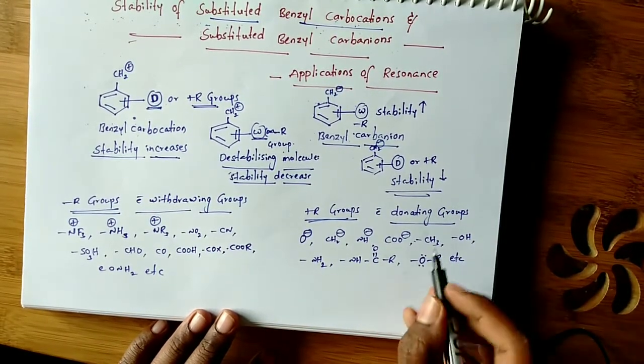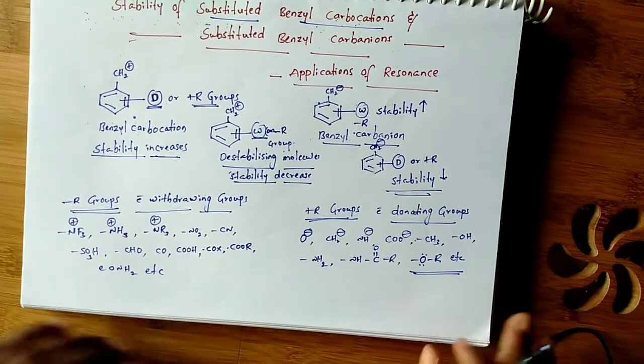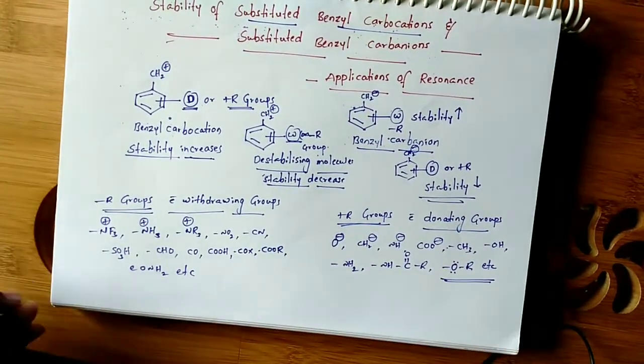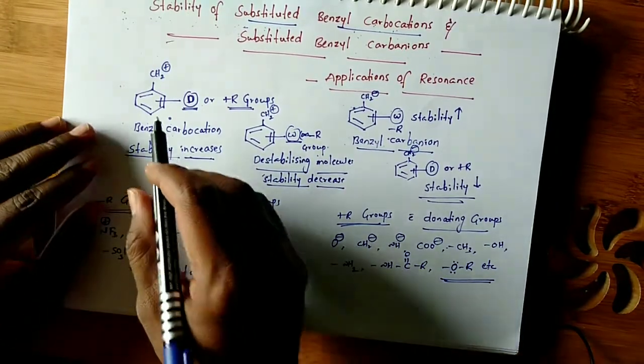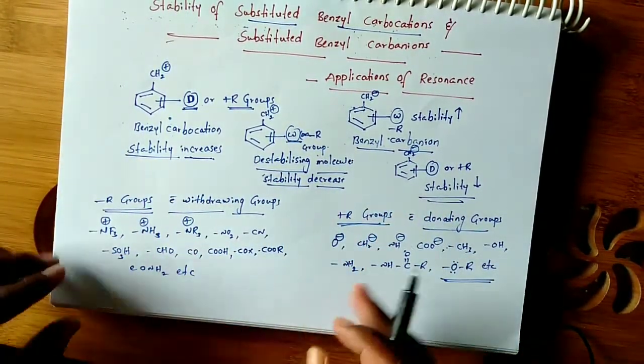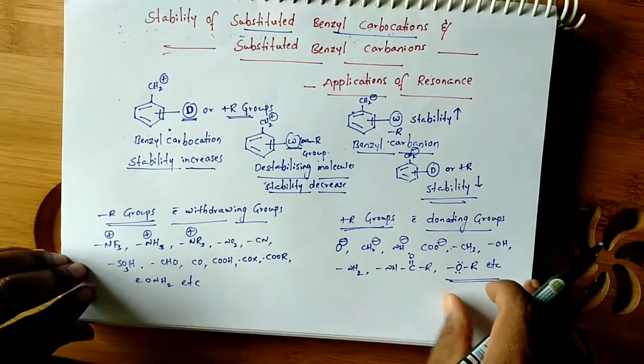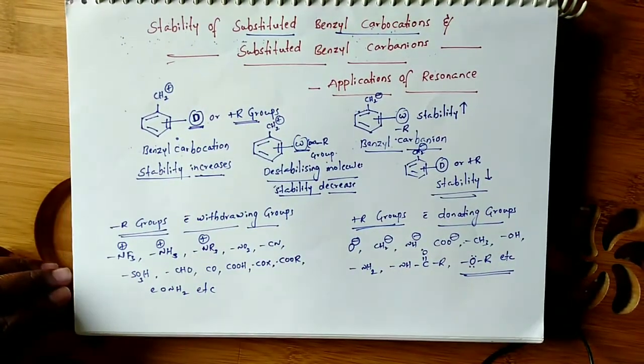These are all plus R groups, or electron donating groups. If these groups are present, how do they affect the stability of benzyl carbocation and benzyl carbanion? Let us see.